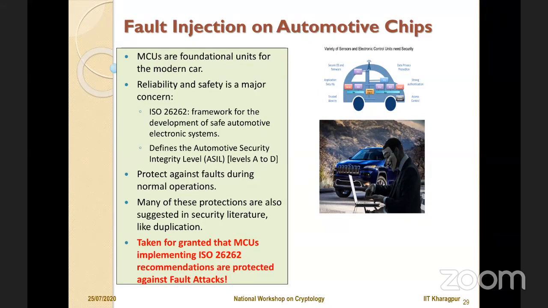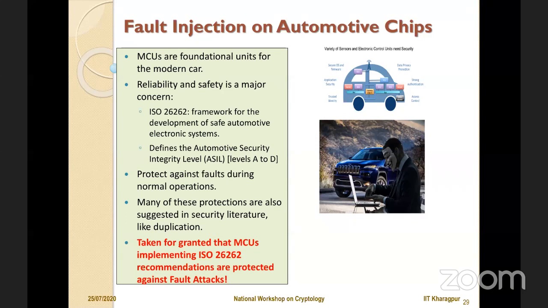I will give a motivational example, which I was happy to be a part of. The ISO 26262 standard recommends applying standard reliability techniques for protecting against fault attacks, and we try to motivate here that those are not adequate for protecting against attacks like fault adversaries.